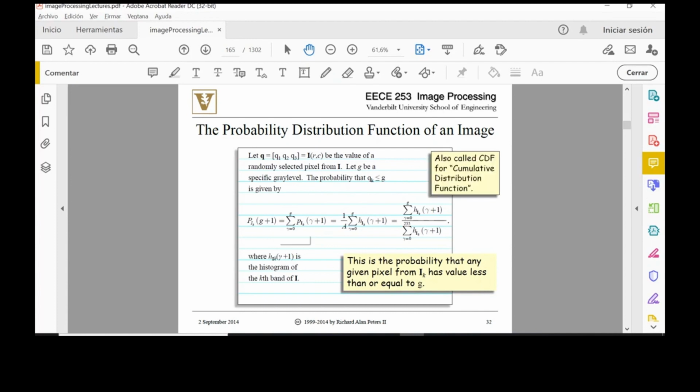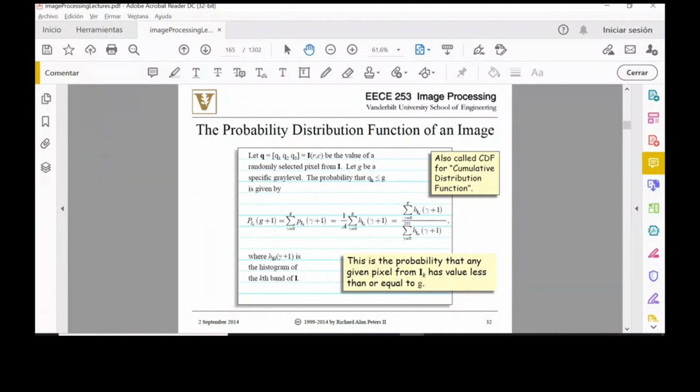And then this is just an expansion of this idea. This is the probability, so this is normalized. You take the histogram, and you have to divide by something so that it adds up to 1.